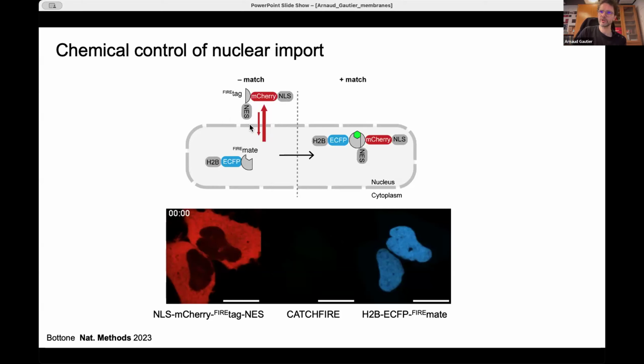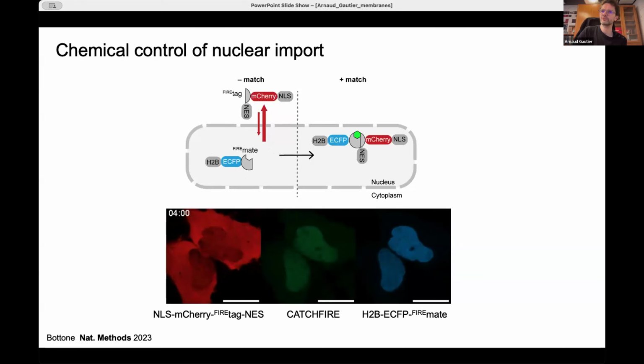And now if you co-express a nuclear protein like H2B fused to fire tag, you can promote the translocation of the cytosolic protein to the nucleus simply by addition of match.